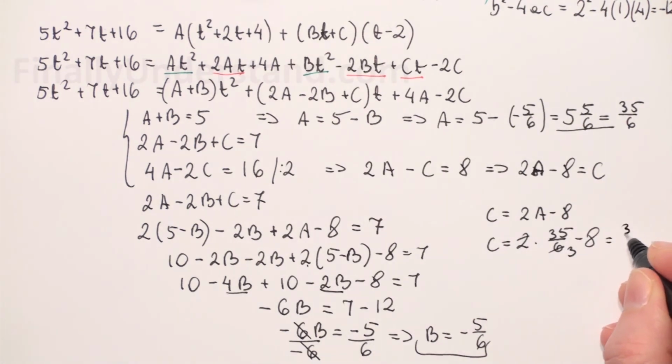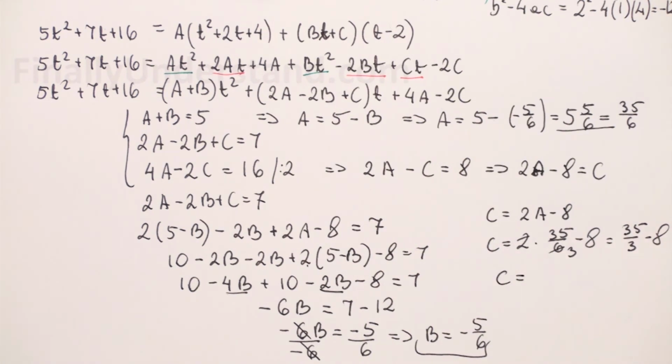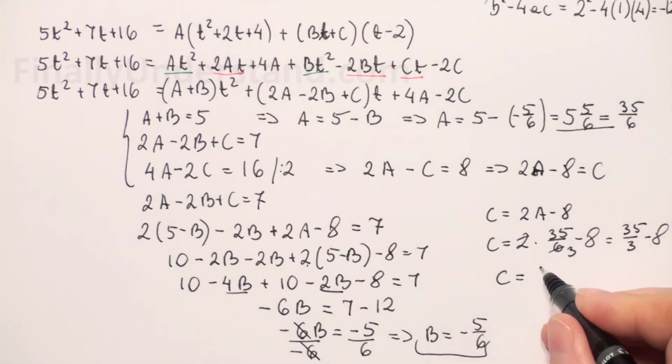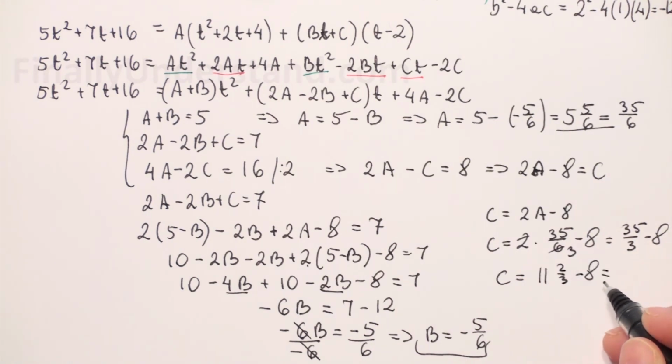So we have 35 over 3 minus 8. So c is equal 35 divided by 3, so this is 11 and 2/3, minus 8. So this is equal 3 and 2 over 3. And again, I will change this mixed fraction to improper fraction. So it will be 3 times 3, 9, plus 2 is 11 over 3.